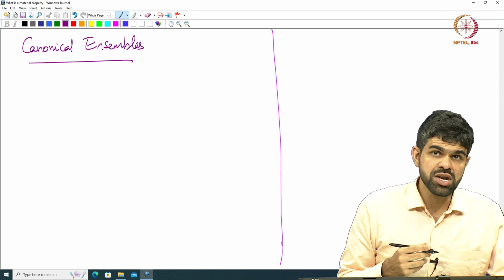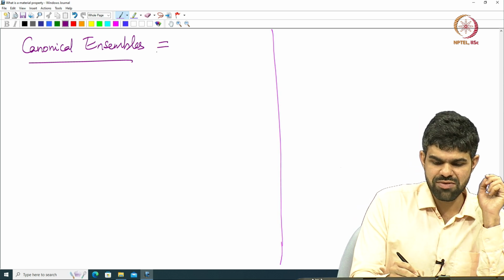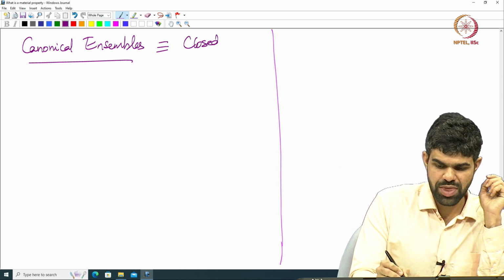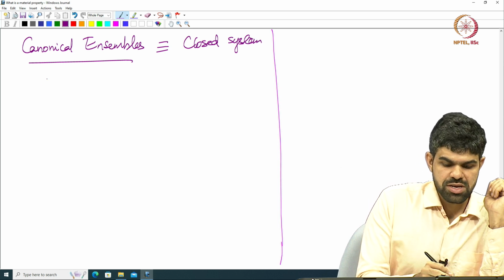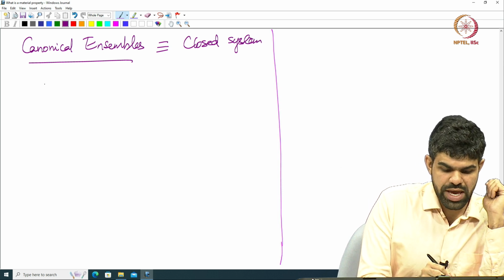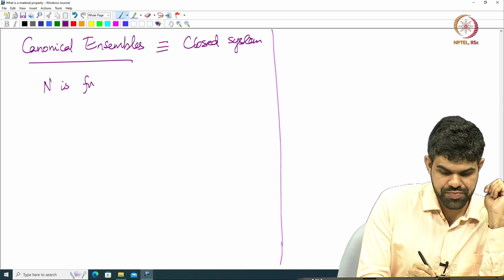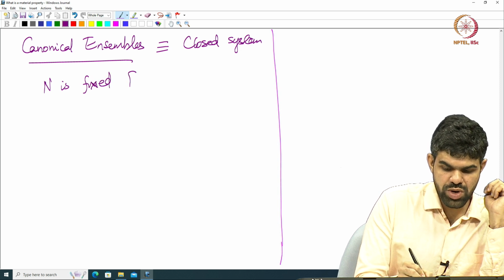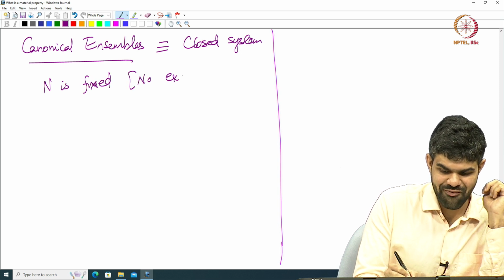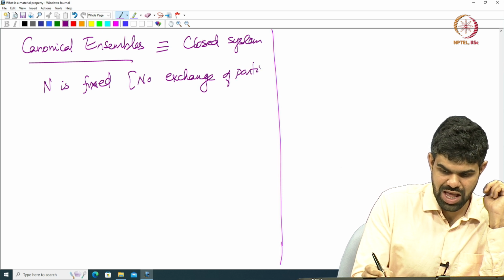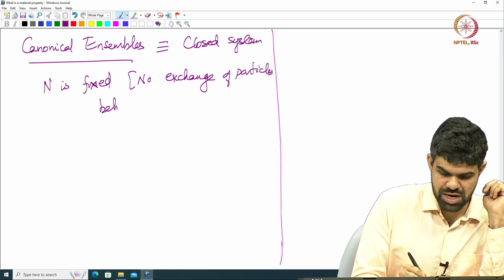But what is a canonical ensemble? Canonical ensemble is equivalent to what is called a closed system. And in a closed system, n is fixed. So, no exchange of particles between the system and surroundings.